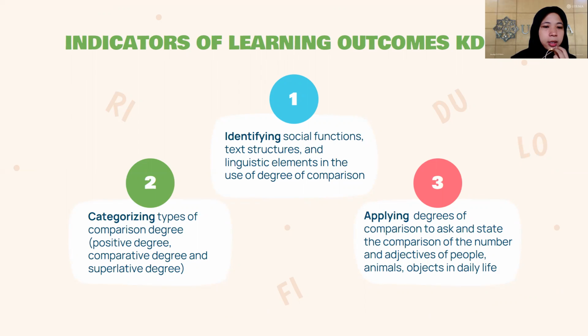They can also categorize types of comparison degree and apply degrees of comparison to act and state the comparison of the number and adjective of people, animals, and objects in daily life.